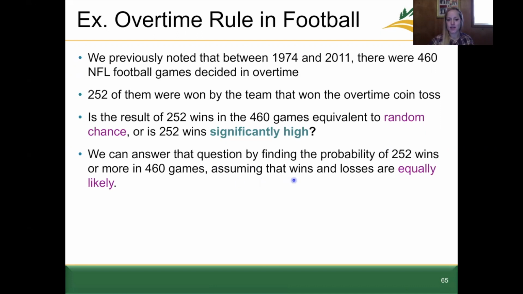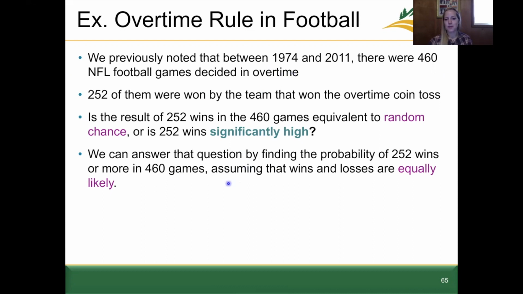This next point is something we'd have to assume or be told in the problem. So we're going to assume that a win and a loss, our two categories, are equally likely to happen. We're going to assume that because we weren't given probabilities, for instance, like in the Twitter example, that the probability is 0.85 that an individual knows what Twitter is.